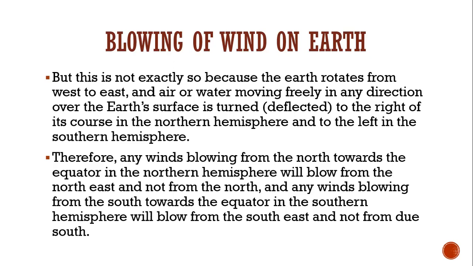Therefore, any winds blowing from the north towards the equator in the northern hemisphere will blow from the northeast and not from the north. And any winds blowing from the south towards the equator in the southern hemisphere will blow from the southeast and not from the due south.